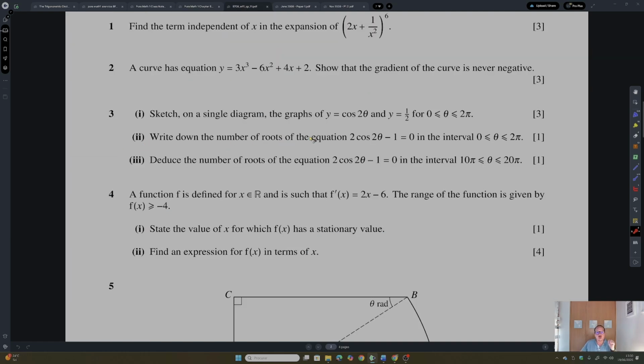Write down the number of roots of the equation 2 cosine of 2 theta minus 1 equals 0 in the same interval. When you look at this function, apparently it doesn't have anything to do with the previous question. But it's always worthwhile to take a look and see if it does. And in this case, it does.